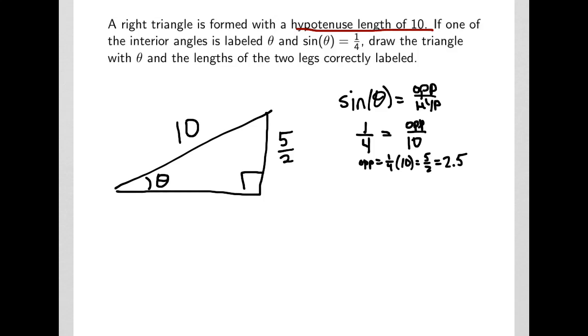Now I still need to find the other side, the adjacent side, and I can do that using the Pythagorean Theorem. So if I call this unknown x, I know that x squared plus 5/2 squared is going to equal the hypotenuse squared.